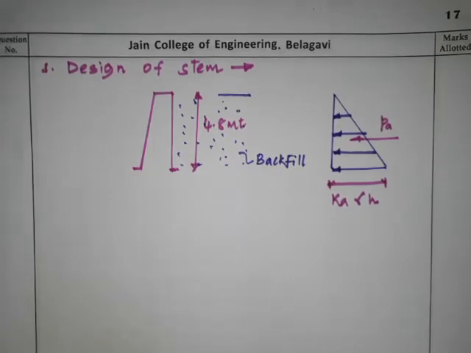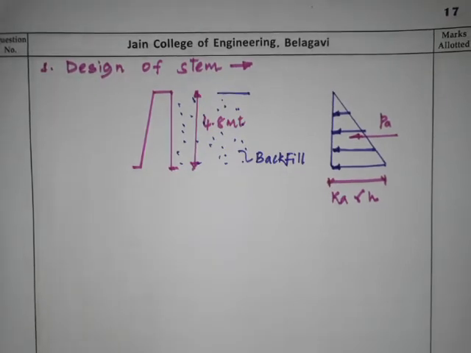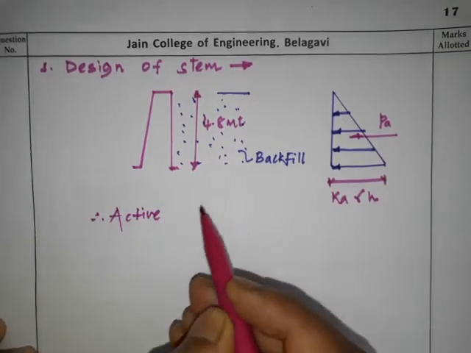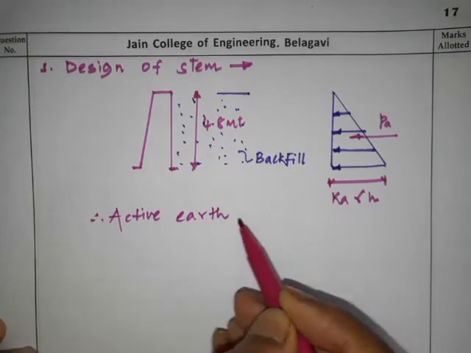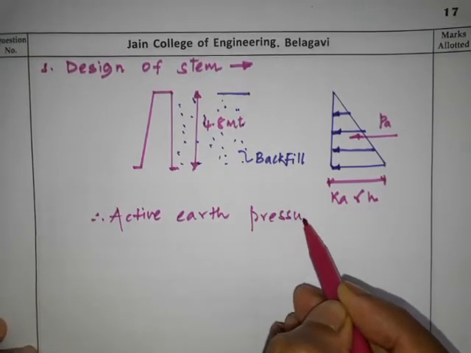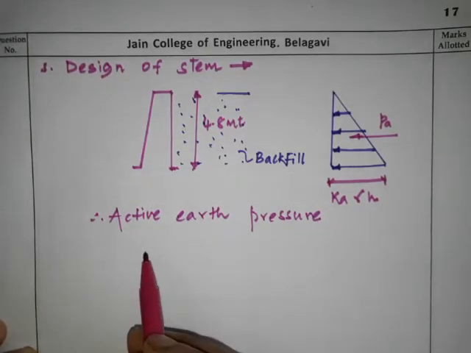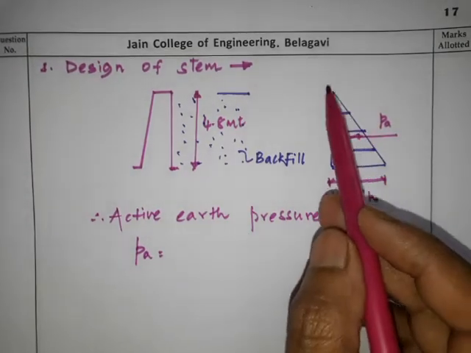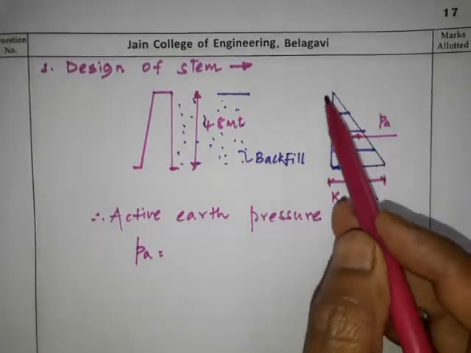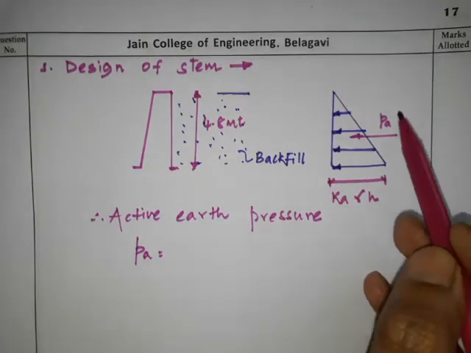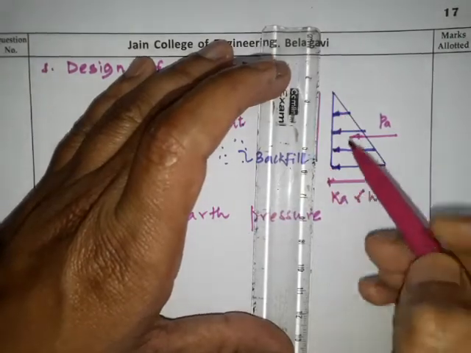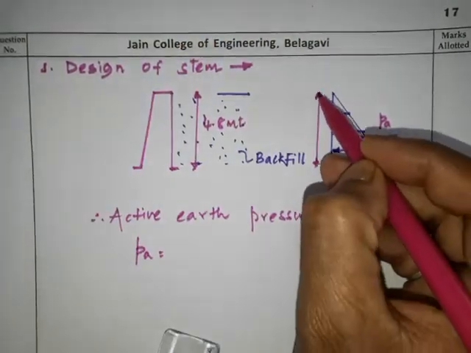So I can write here, therefore, the active earth pressure PA is nothing but the area of this pressure distribution diagram, where H is the height of the stem.